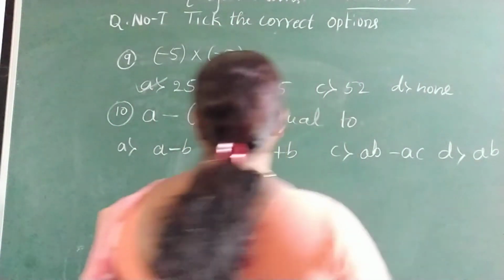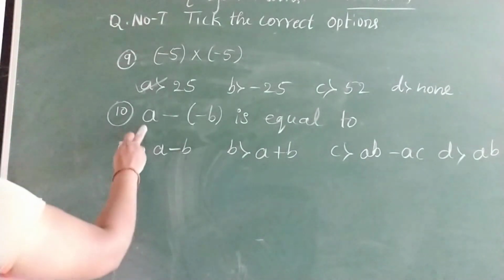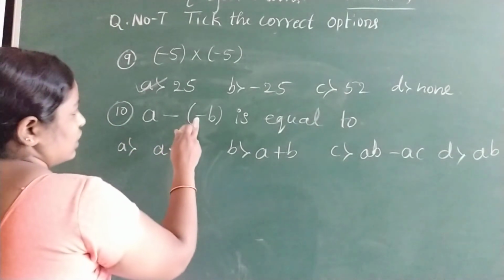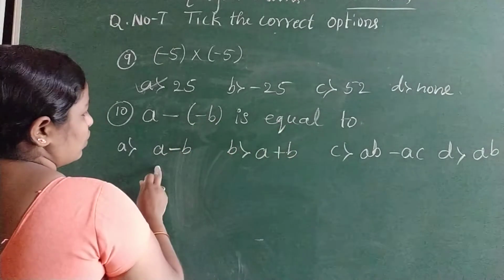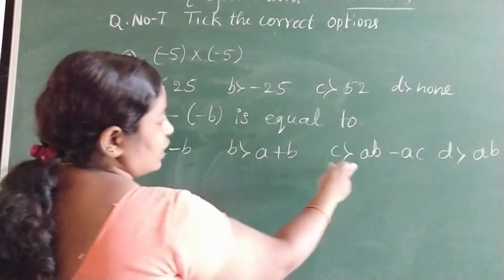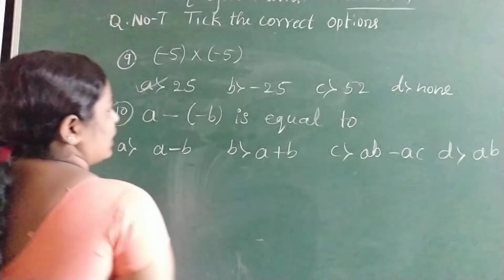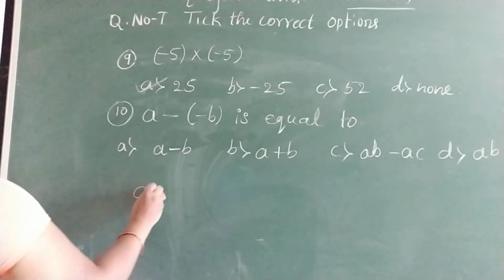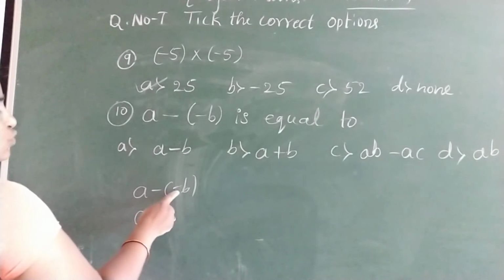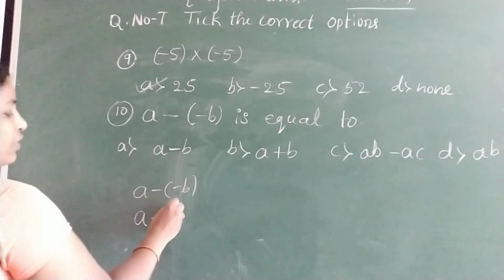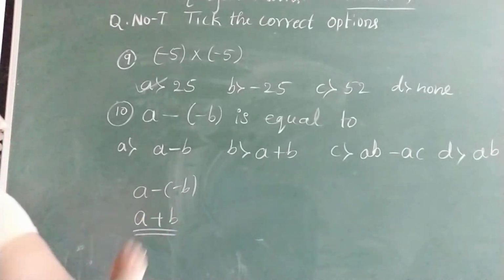So multiply: A minus into minus B. A as it is, minus into minus is plus, then B as it is.